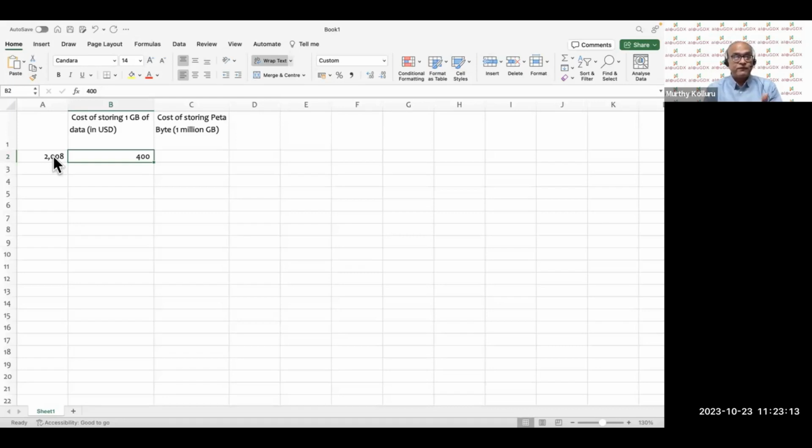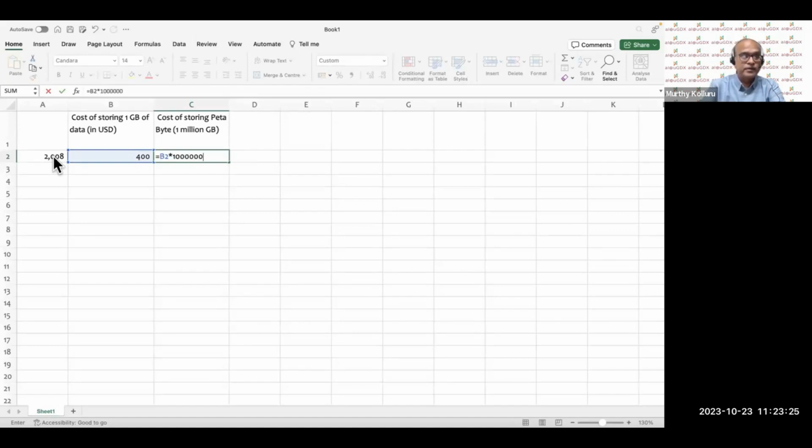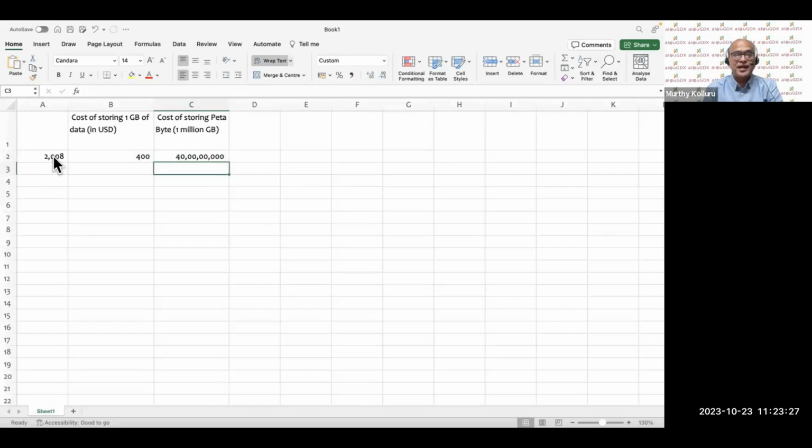So if I want to store all the data that I generate, as a medium-sized company, in 2008 it would have cost $400 million. Sorry for this comma convention. My Excel is set for the Indian comma convention.